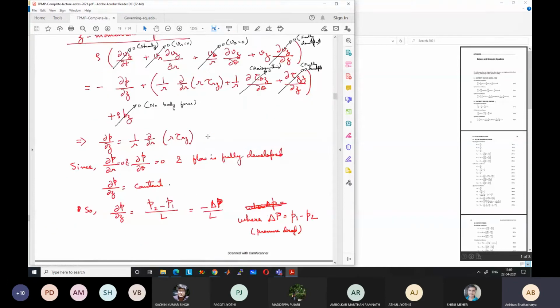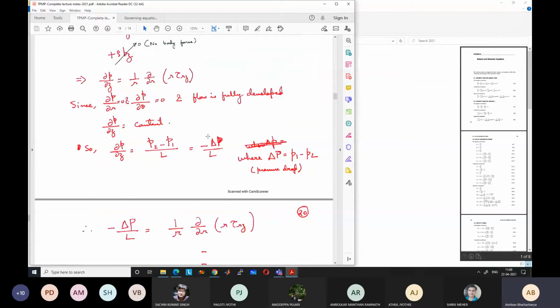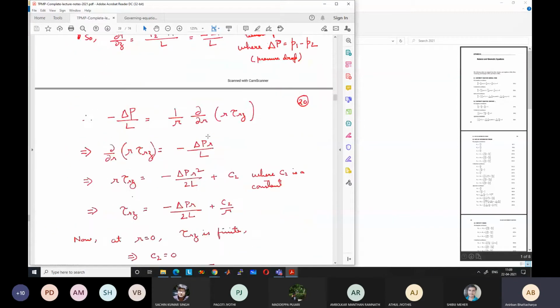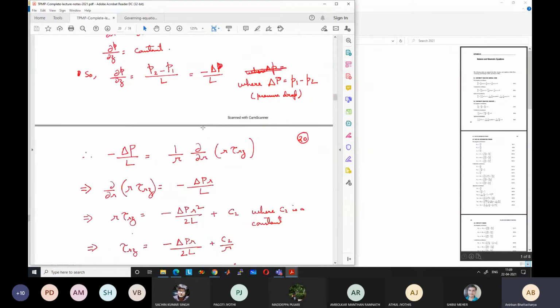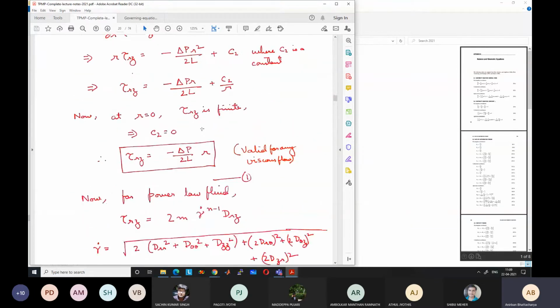Finally the shear stress was found to be tau rz equal to minus delta p by 2L into r, where r is the radial distance from the center, delta p is the pressure difference applied, and L is the length of the cylinder.